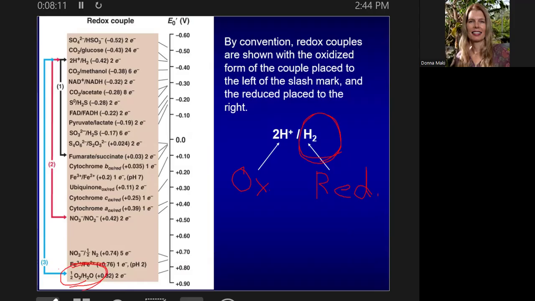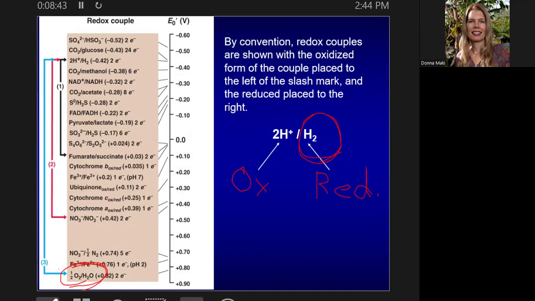Now the way you interpret it down here in the positive is that anything to the left of the slash is going to be accepting those electrons. Okay, so oxygen loves to accept electrons. It's to the left of that slash. What do you think? Kind of makes sense? So that's the rules of the game for how to interpret it when it's presented this way.